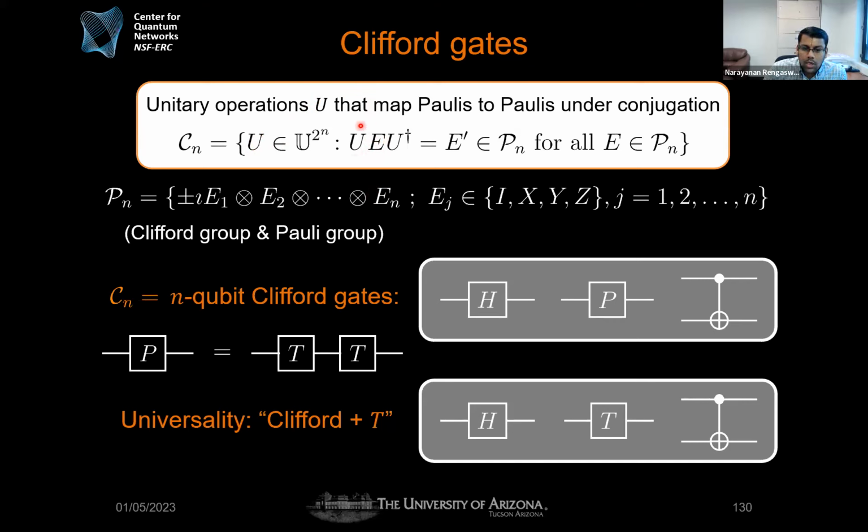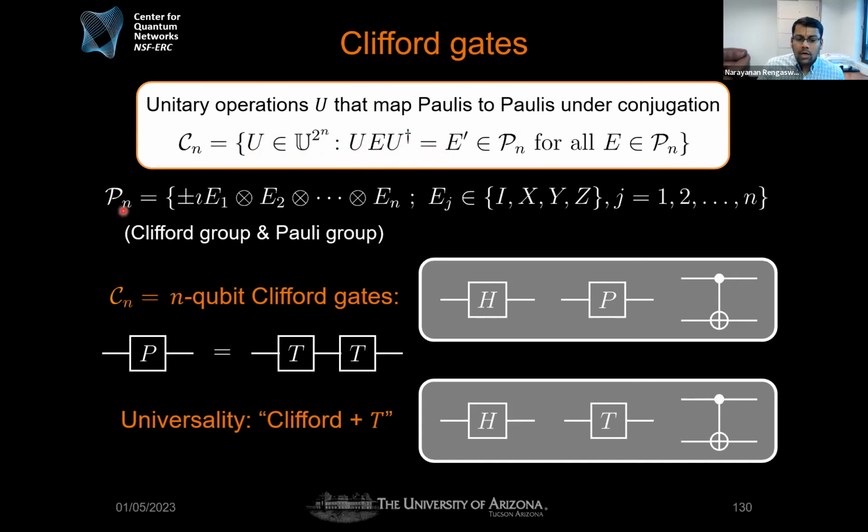So this operation here is called conjugation, where you sandwich a Pauli matrix in between the matrix U and its Hermitian transpose U dagger. So when you do this conjugation on any Pauli matrix, if you get only another Pauli matrix as an output, then U is Clifford. Otherwise, it's not. Even if it fails for one Pauli matrix, it's not Clifford.